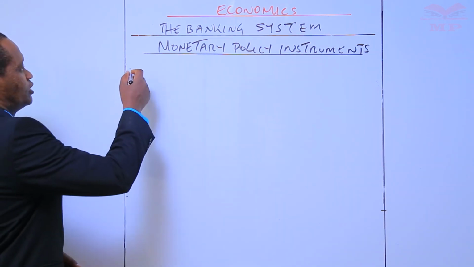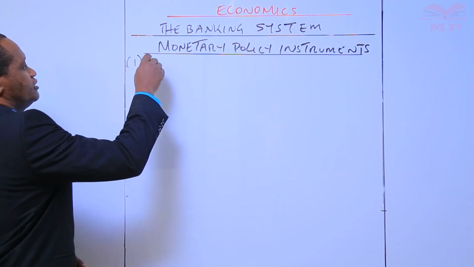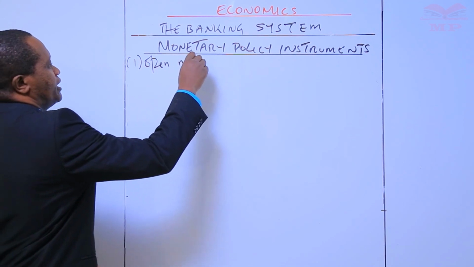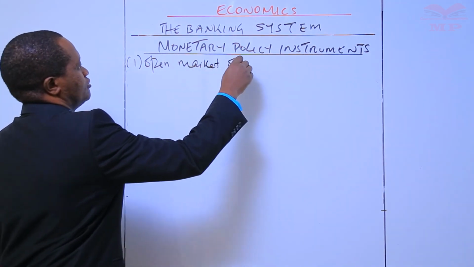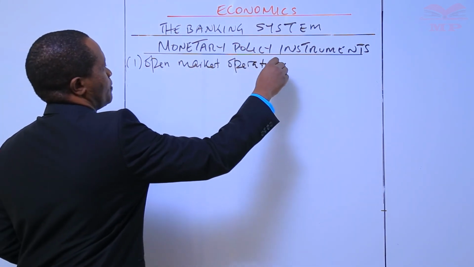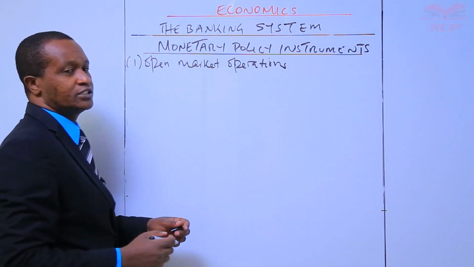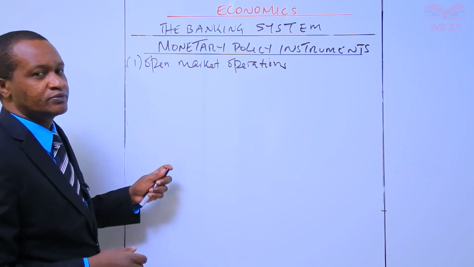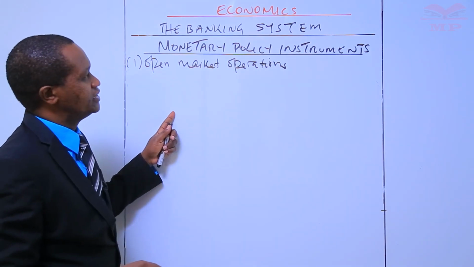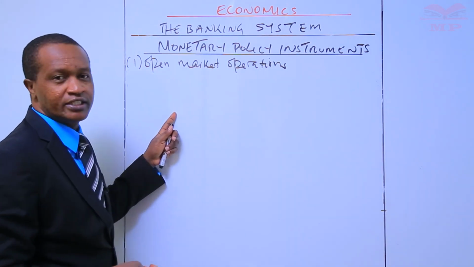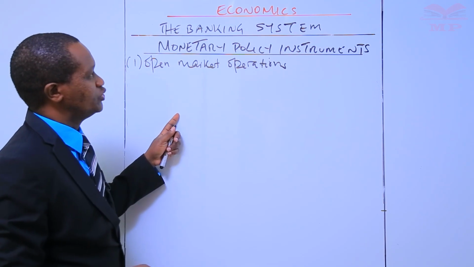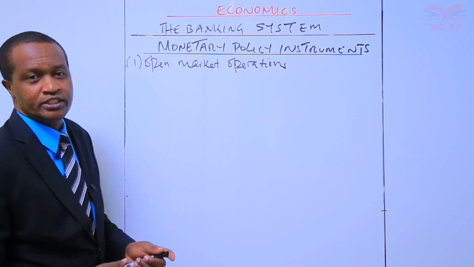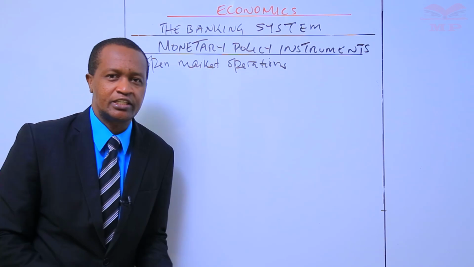The first instrument is known as open market operations. Number one, open market operations. Open market operations is an instrument that the central bank can use in developing monetary policy.